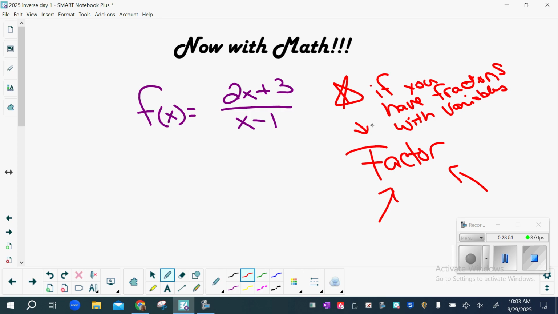It's just that we have an issue, and the issue is this. We've got variables all over the place, and we need to get them close to each other. So the first thing we're going to do is what we do every time. We're going to get rid of this dude, right? And then we're going to flip-flop our X's and Y's. Do that now.